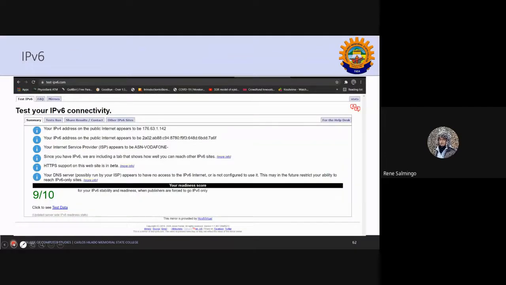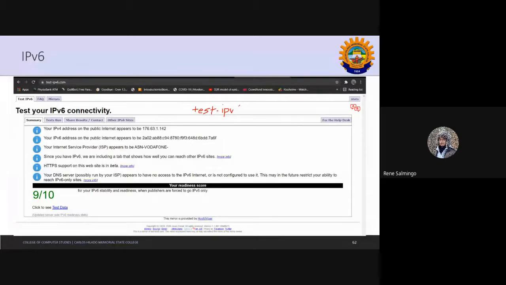So this is an example of IPv6. Can you try it on your computer to see if it has IPv6?